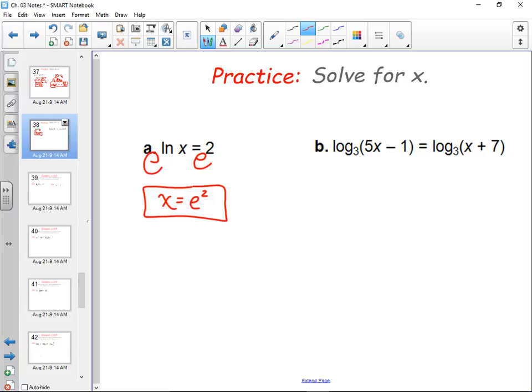Okay, so letter B. Oh, this one was rough. It has like bases. How could you do it? One is to remember a property and one is to do some math. Okay, so one-to-one property, what's it say? Luke's doing the math and Isa's saying the one-to-one, but let's start with the math.